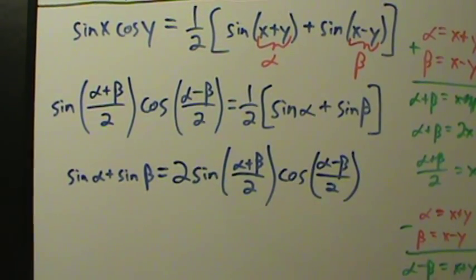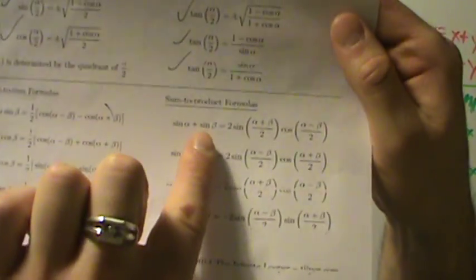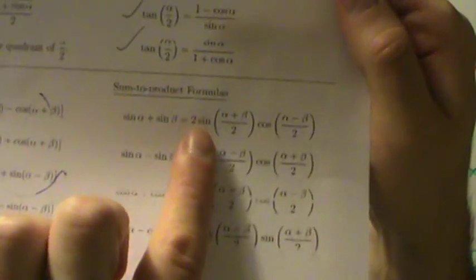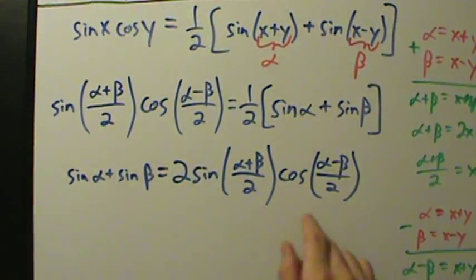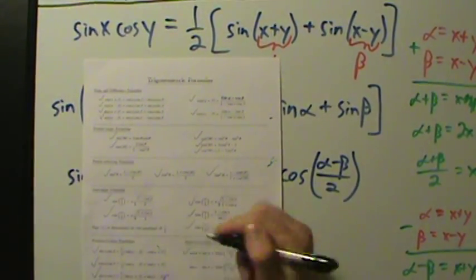Okay, and that's our first formula here. So sine of alpha plus sine of beta equals 2 times sine of alpha plus beta over 2 times the cosine of alpha minus beta over 2. Okay, so that's exactly what we have here. So that establishes this first formula here.